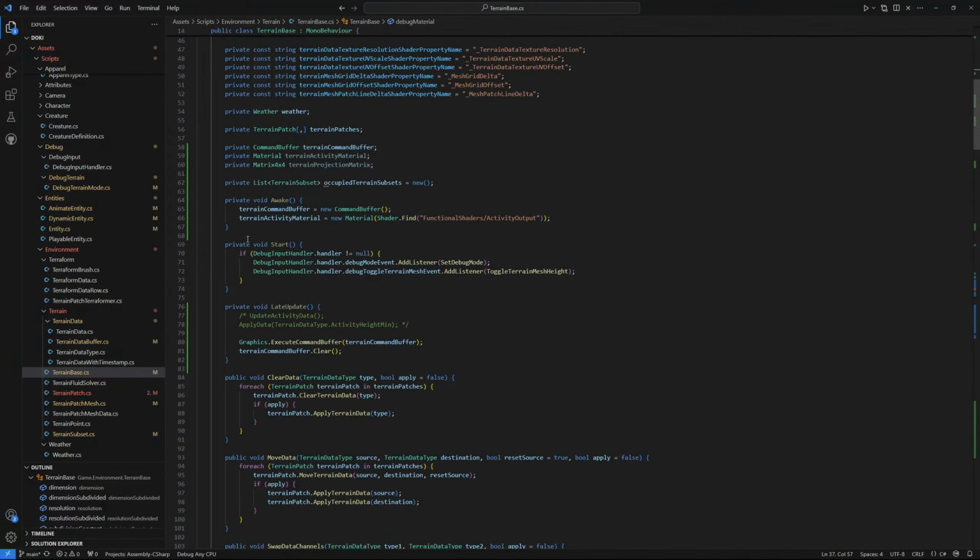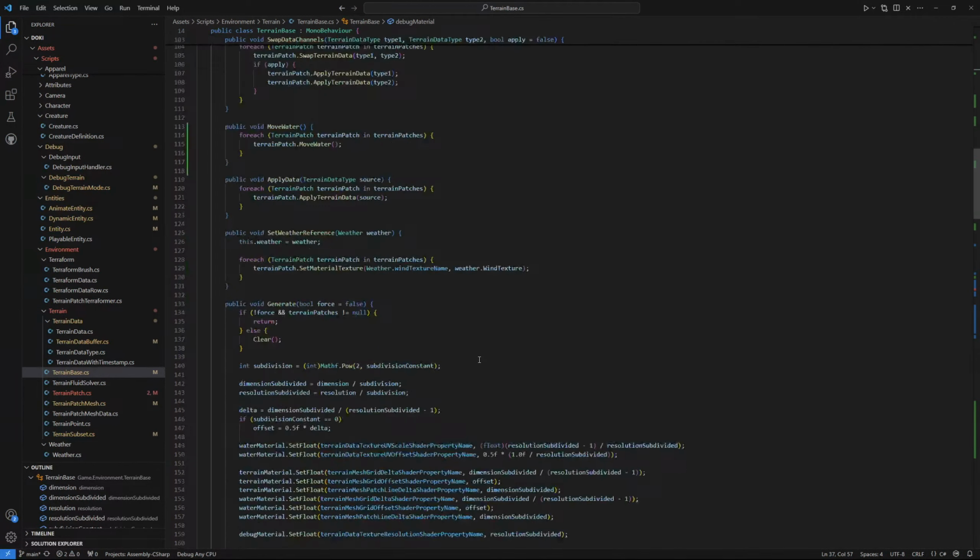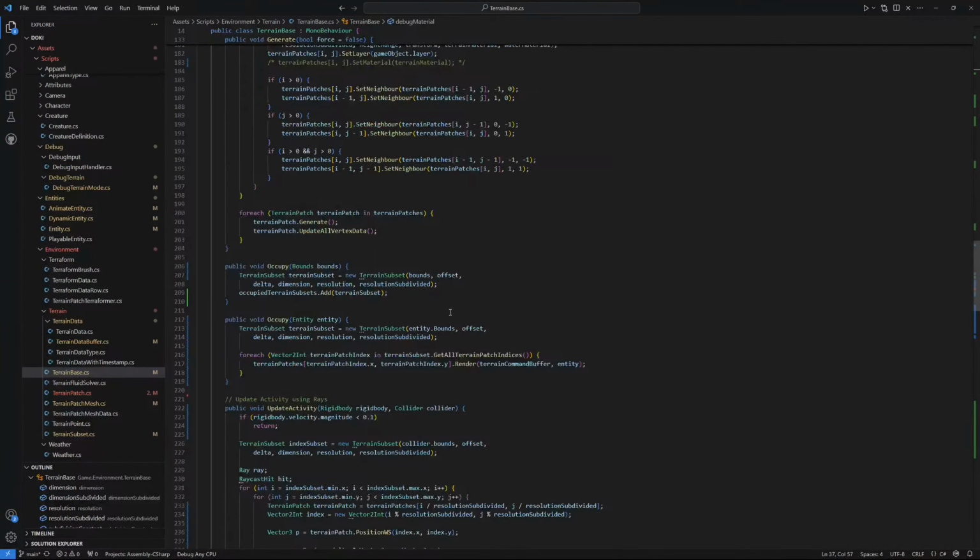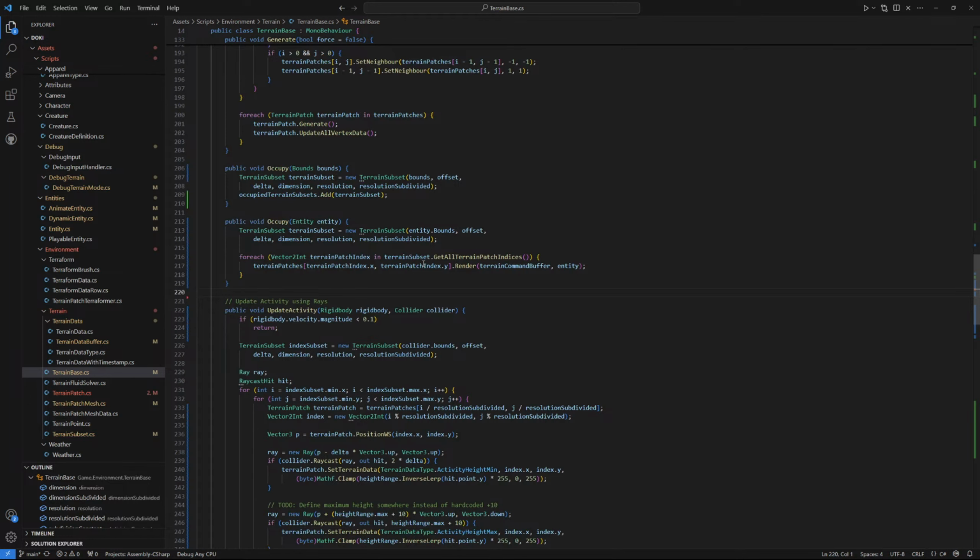So terrain base, when we do late update, or actually, first of all, we have occupy with entity. What we do here then is we calculate the terrain subset, get all terrain patch indices, and here we do terrain patches. We don't do render, but we do dot entities dot add entity.